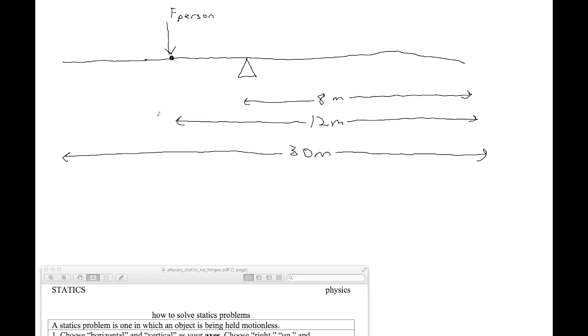Looks like this picture didn't come out to scale. But anyway, here's the picture that I wanted.